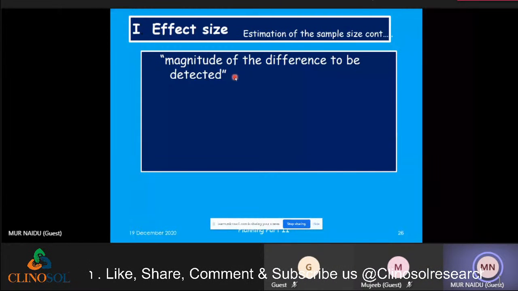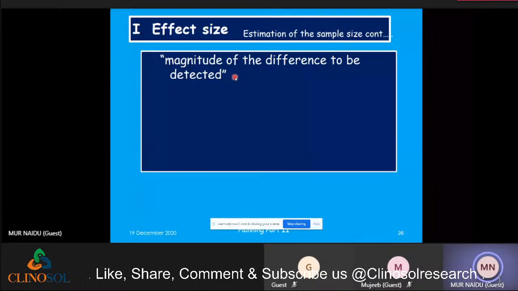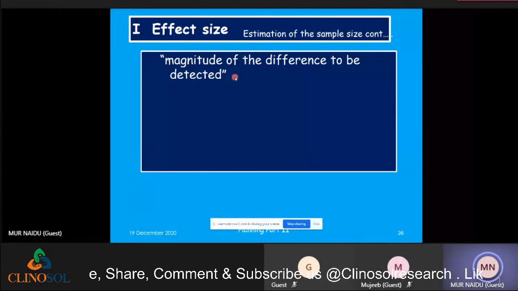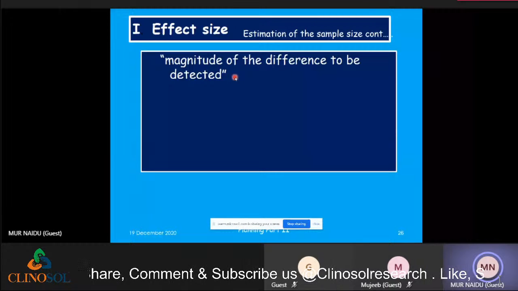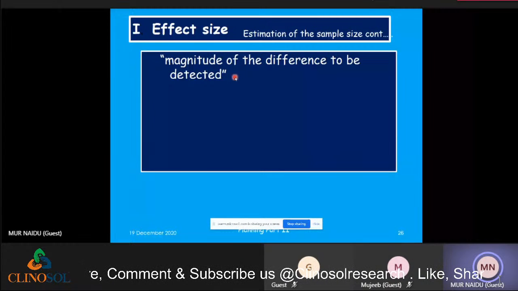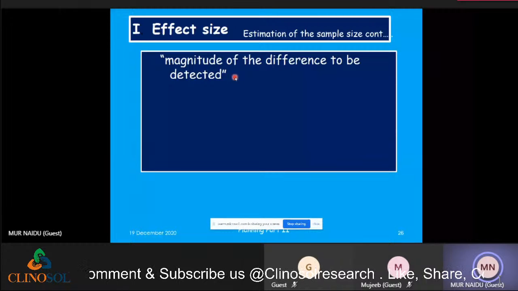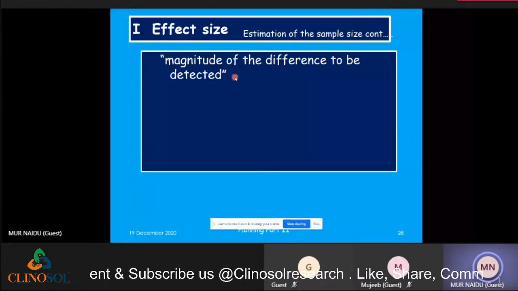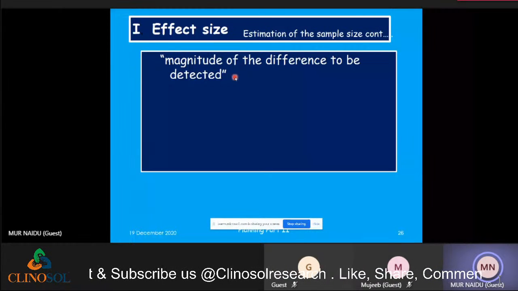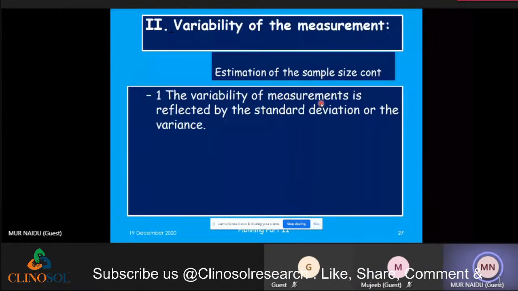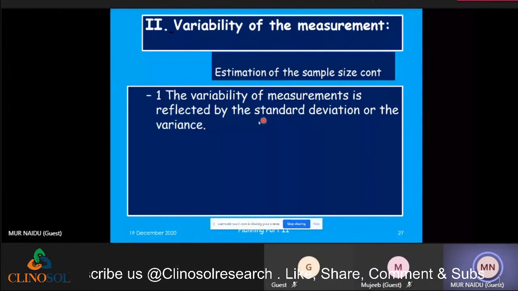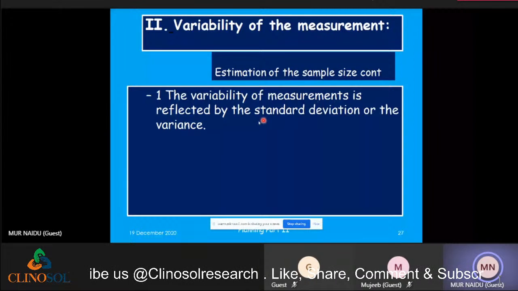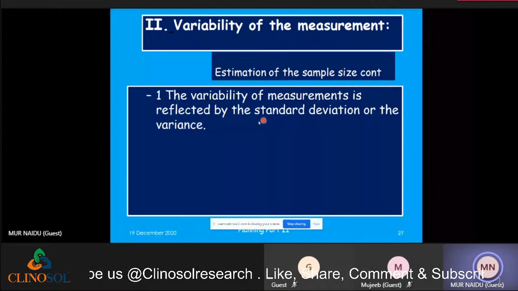Variability, that is, deviation, is very important. Whenever the standard deviation of your measurement is very high, when you are measuring 100 and your standard deviation is very high, naturally you will need a large number of patients. Less variation, less standard deviation, you need fewer subjects. Higher standard deviation, higher sample.